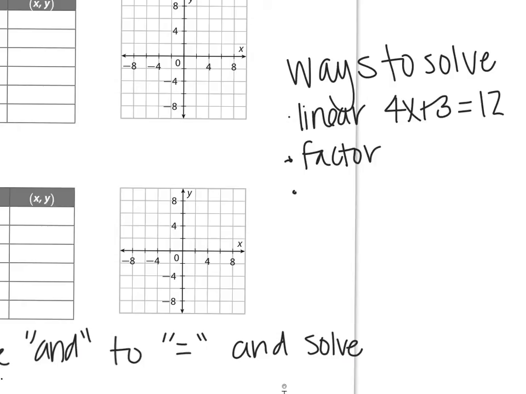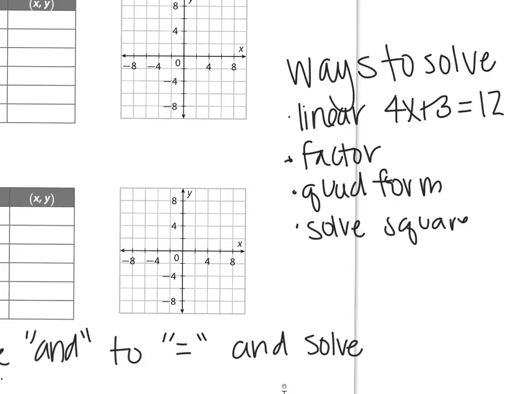I can solve by using the quadratic formula. And lastly, I can also solve if I have square roots. If I have something like x squared minus 16 equals 0, I can solve this by taking the square root of both sides after I move the 16 over.